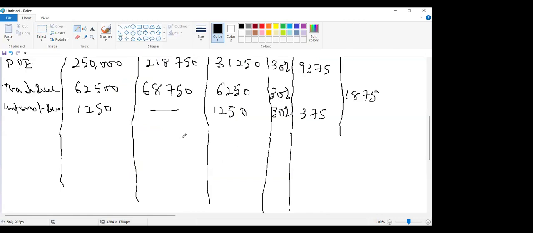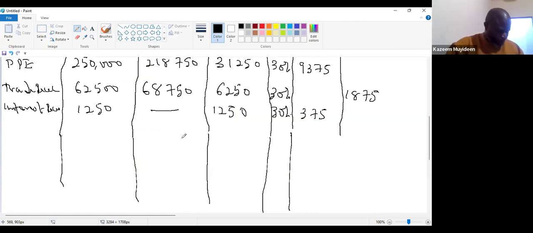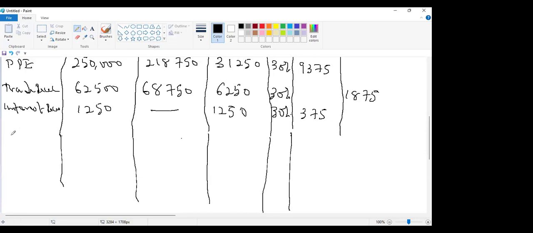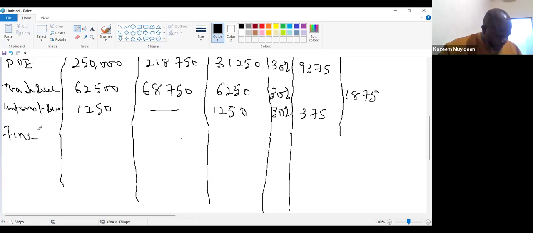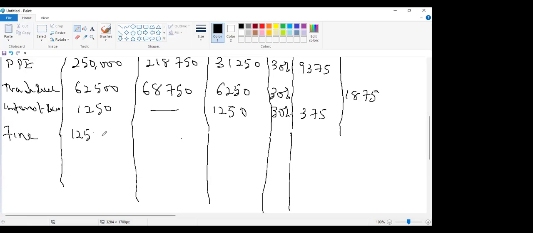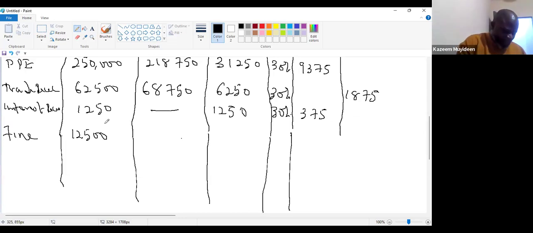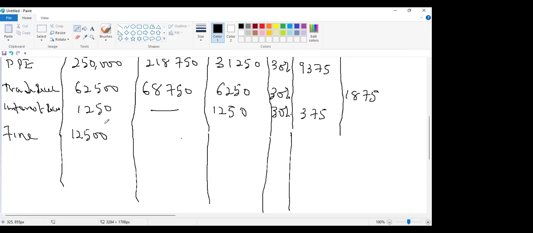What is the item again? Fines. It says payables, and we have fines. Is there any carrying amount for the fine? They say it's 12,500. What is the tax base now? Is there any information related to fines? I'll go and look.